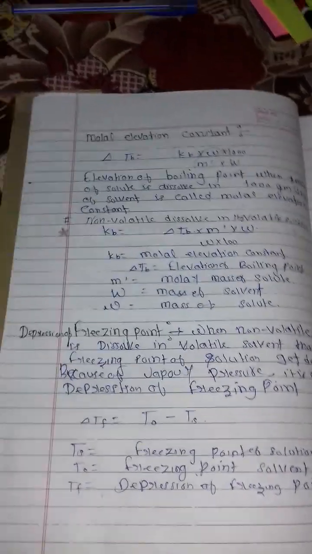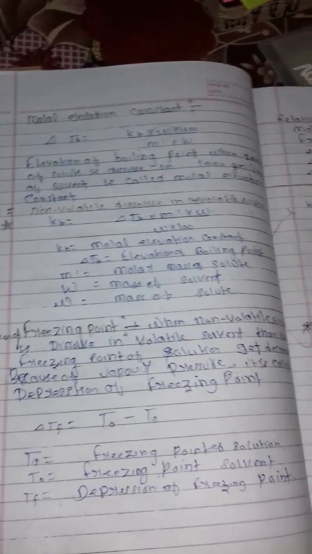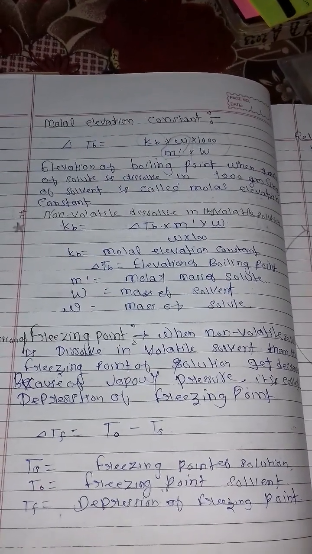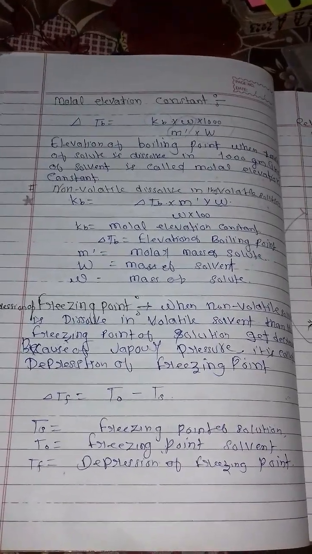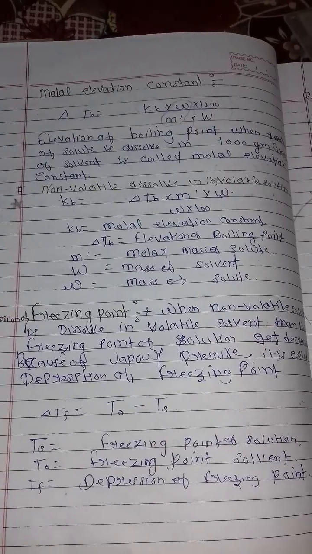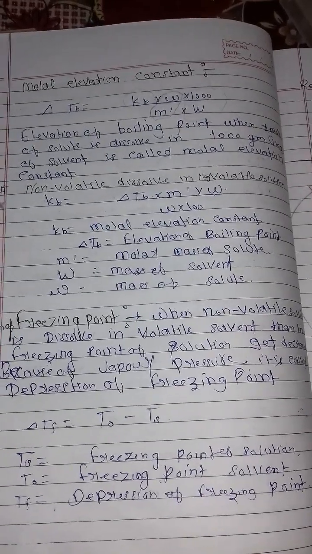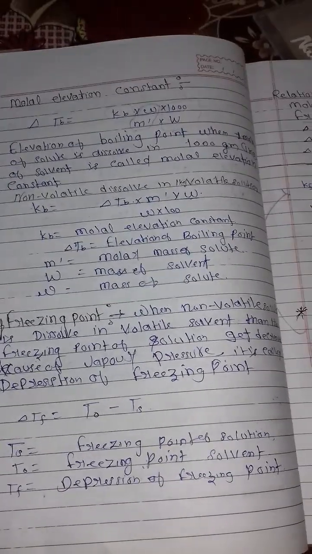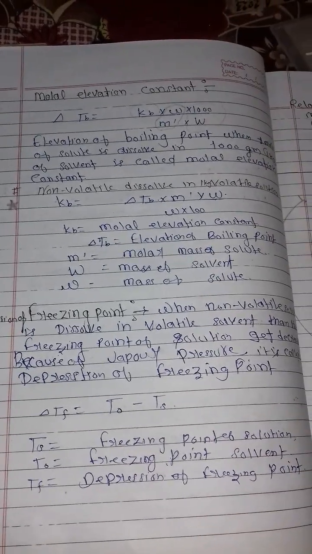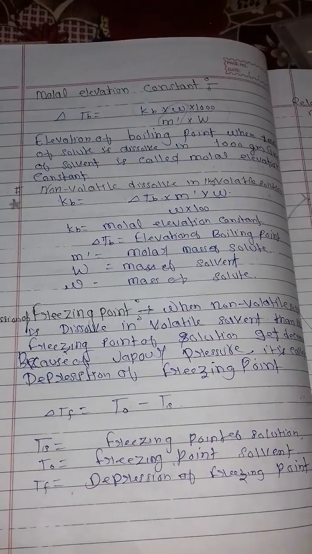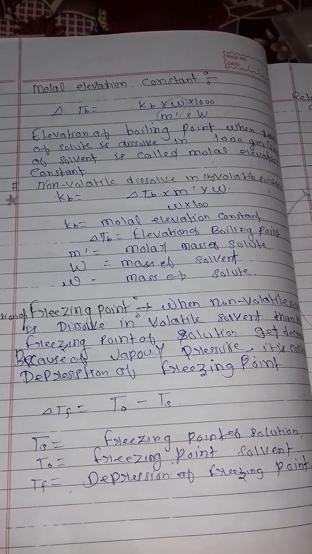Delta Tb is equal to Kb into w into 1000 upon m into W. The molal elevation constant is the elevation of boiling point when 1 mole of the solute is dissolved in 1000 grams, that is 1 kg, of the solvent. When a non-volatile solute is dissolved in a volatile solvent, with 1 kg of solvent, then Kb is equal to delta Tb into m upon w.